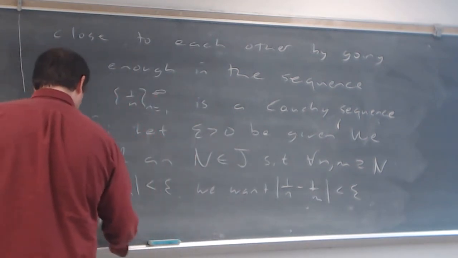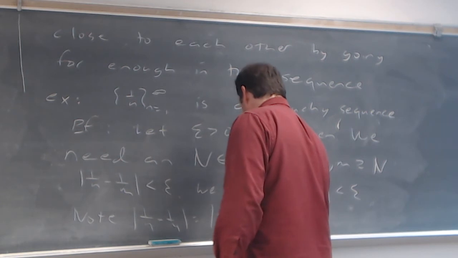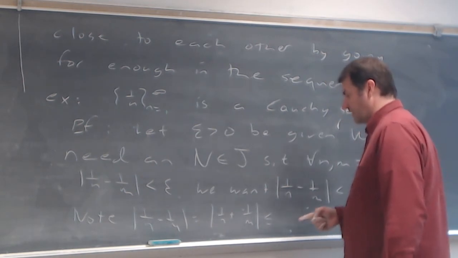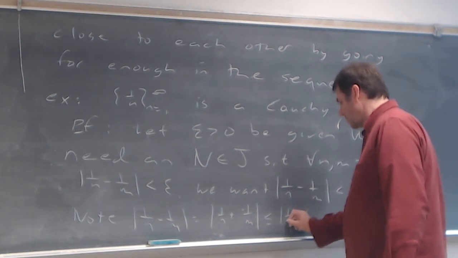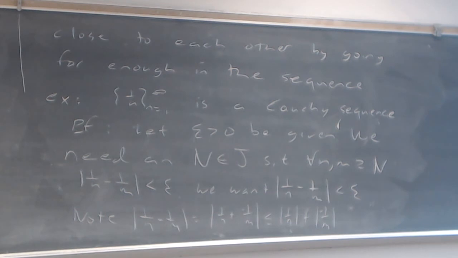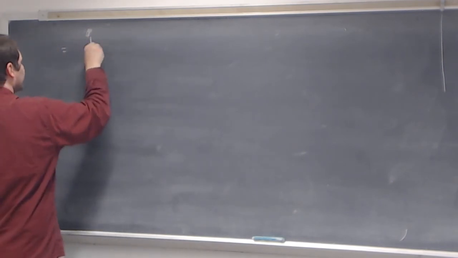We note that the absolute value of 1 over n minus 1 over m is going to be equal to 1 over n plus or minus 1 over m, which will be less than or equal to, by a fact that we're proving about the absolute value of complex numbers, 1 over n inside absolute values plus the absolute value of minus 1 over m, and that's equal to 1 over n plus 1 over m.